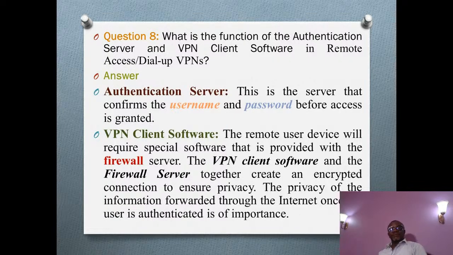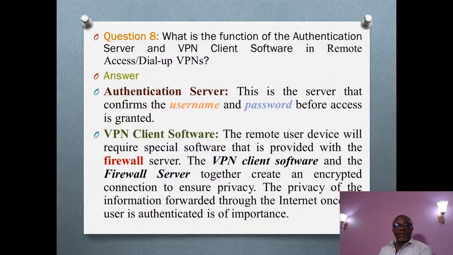Now, what is the function of the authentication server and VPN client software in remote access dial-up VPNs? One, the authentication server is the server that confirms the username and the password before access is granted.